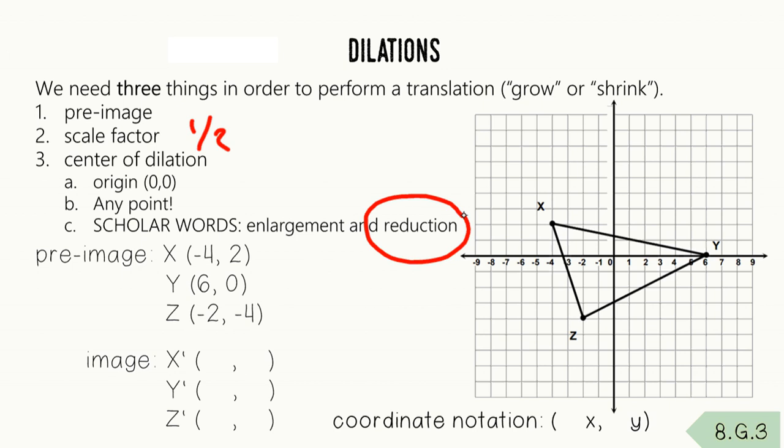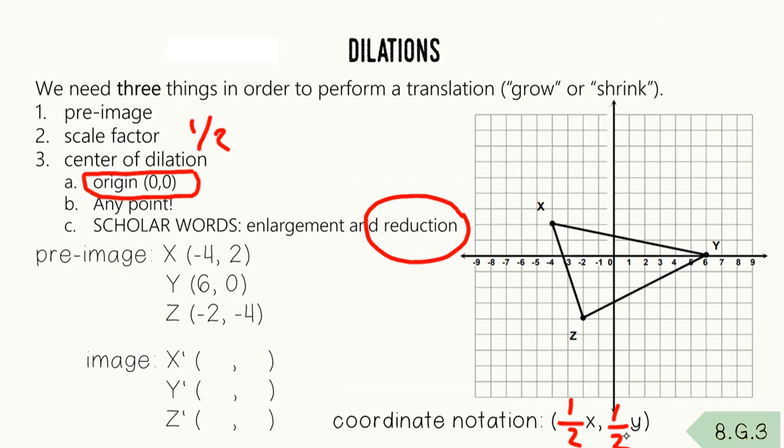And so the way that we show a reduction with coordinate notation, if our center of dilation is 0, 0, the origin, we're going to simply multiply our x coordinates and our y coordinates by the scale factor. So we're going to multiply our x coordinate by 1/2.